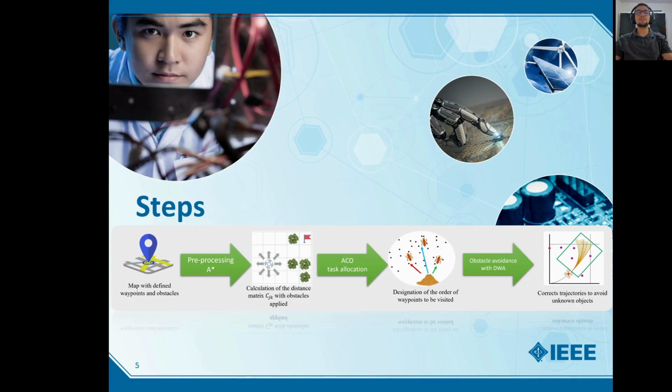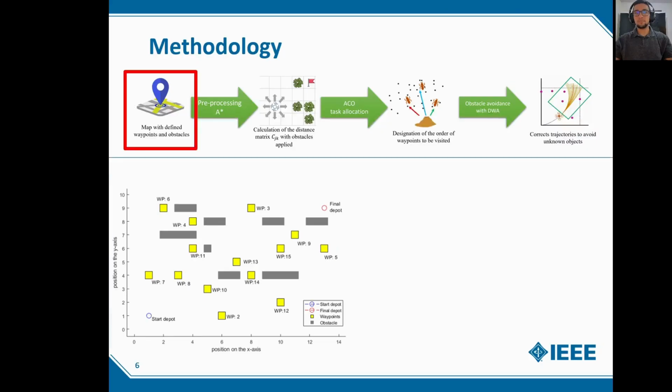Then we apply ACO to designate the order in which the UAV visits the waypoints, taking into account UAV constraints, such as the maximal distance it can travel, and the ability to receive rewards when visiting a waypoint. Finally, we use DWA to avoid mobile obstacles, avoiding possible damage to the UAV and mission failure.